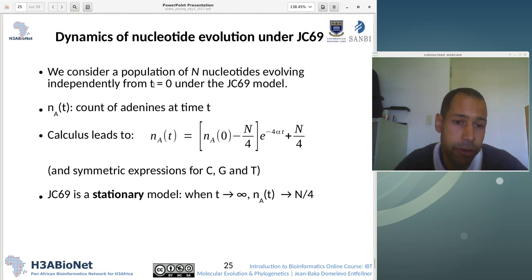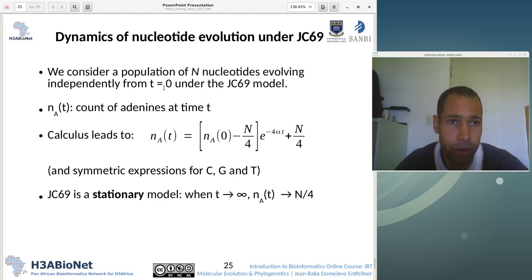From a time t equals 0, let's consider a population of uppercase N nucleotides, and there are some A nucleotides, some C nucleotides, some G nucleotides, some T nucleotides composing this population. And it evolves from time t equal to 0.